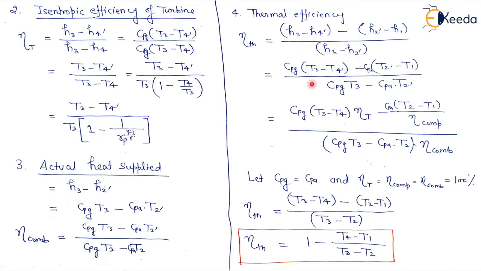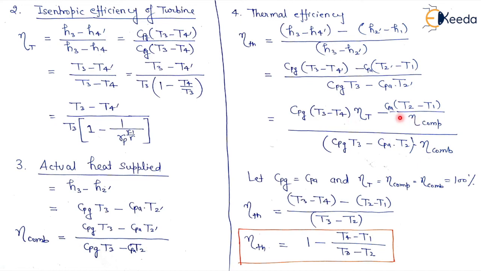Okay. Now I can write this equation: Cpg into T3 minus T4 dash, minus, for this I can write Cp into T2 dash minus T1, and for this I can write Cpg T3 minus Cpa T2 dash. Now Cpg into T3 minus T4 dash: if I go from this equation, T3 minus T4 dash will be equal to efficiency of turbine into T3 minus T4. I have written this.